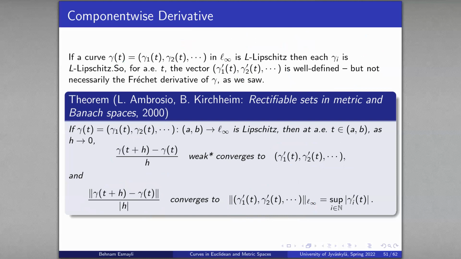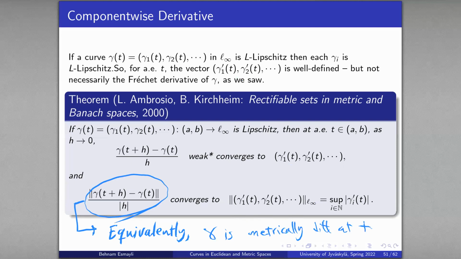So this tells us a little bit more about differentiability, because this second line is just saying gamma is metrically differentiable at t.